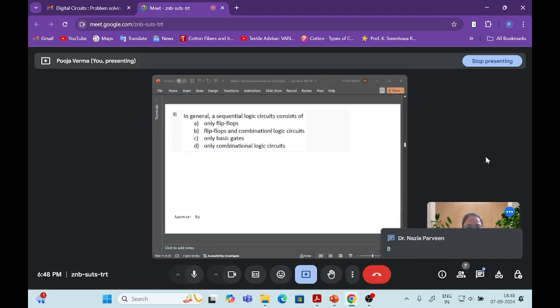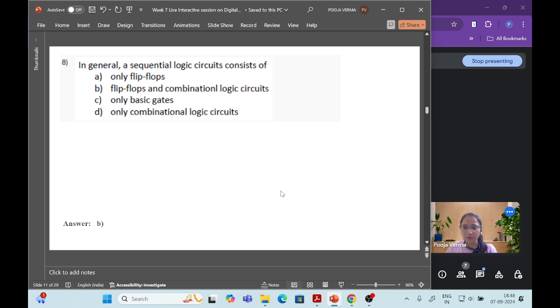Yeah, already all of you know what a sequential logic circuit is. So sequential logic circuits are made using flip-flops and gates, or we can use other combinational logic circuits also. So option B is the correct answer for this question: flip-flops and combinational logic circuit.